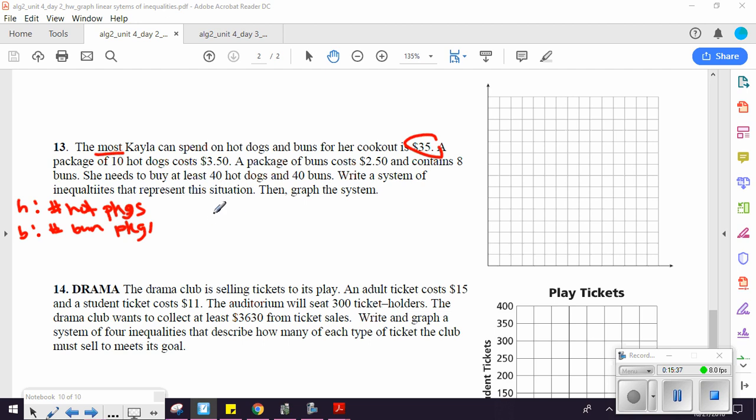So it's 3.50 per hot dog package plus 2.50 per bun package, and it cannot exceed $35.